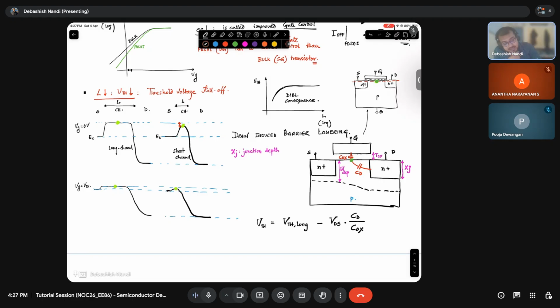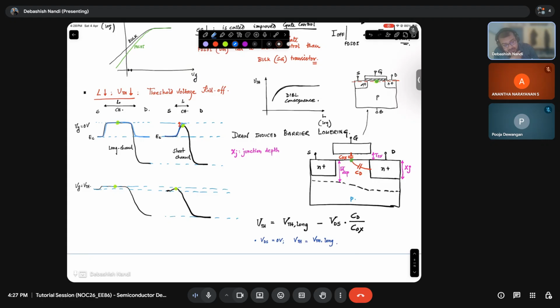So how do you check that? First check that, let's say, if VDS equal to 0, my VTH equal to VTH long. Is that clear? Because if my VDS equals 0, then the band diagram will look just like this.